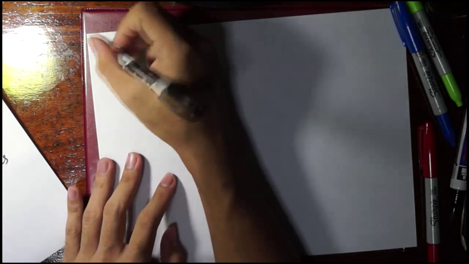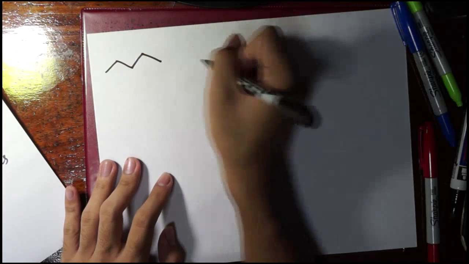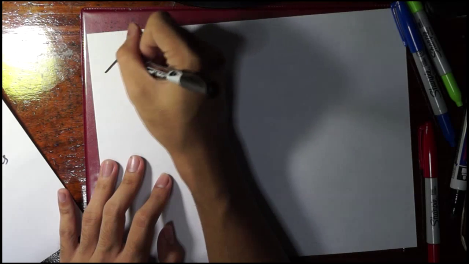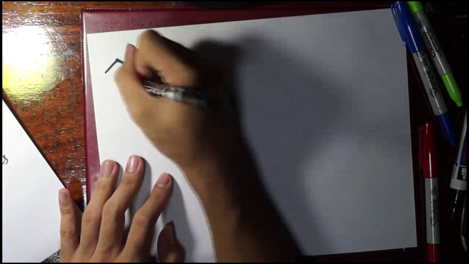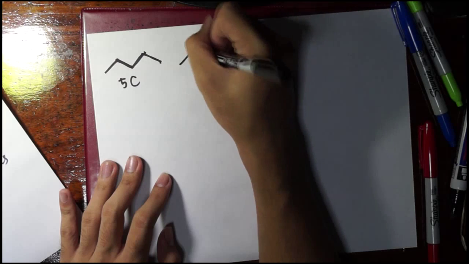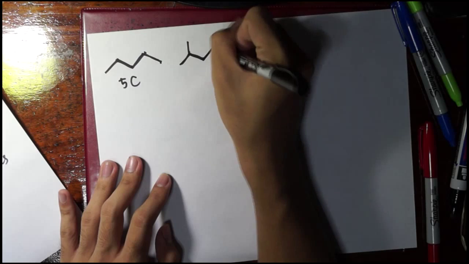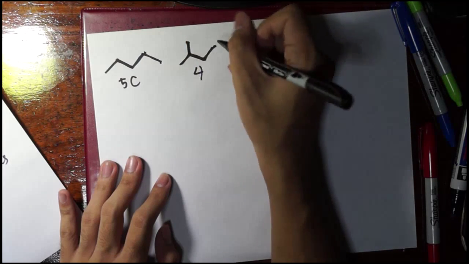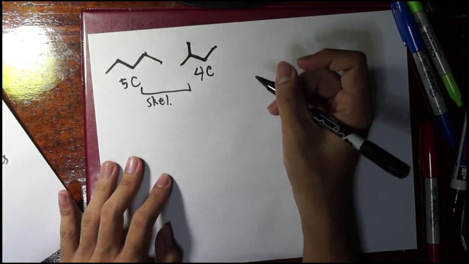We know that this is the parent chain simply because there is no other way to assign the parent. It's a straight chain compound. So here we have 1, 2, 3, 4, 5 carbons in the parent chain. If we have here also 5 carbons, but the parent chain now has how many? Only 4. The other carbon becomes a substituent. These are skeletal isomers.